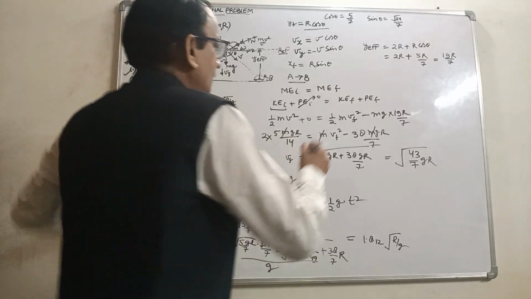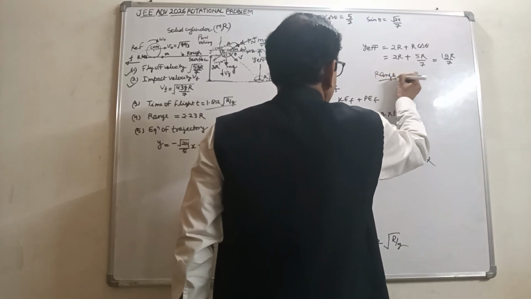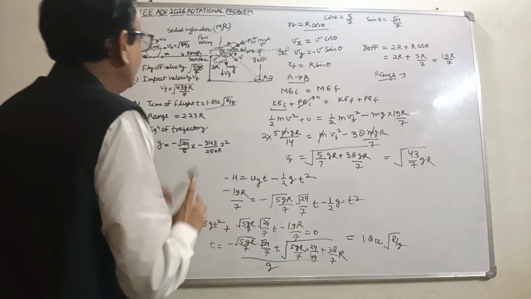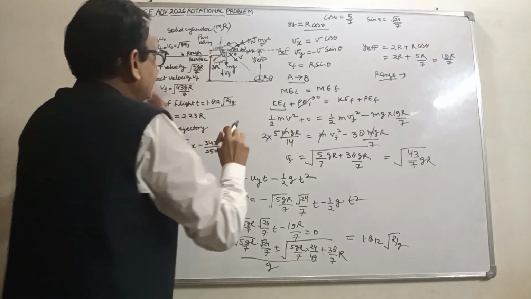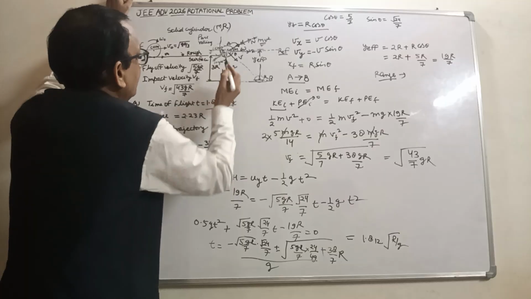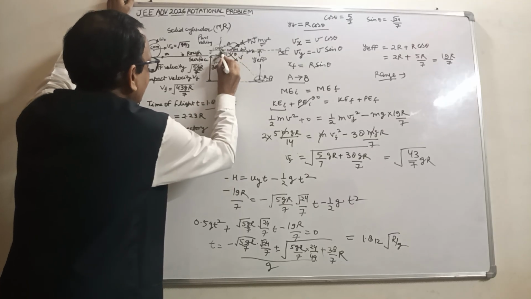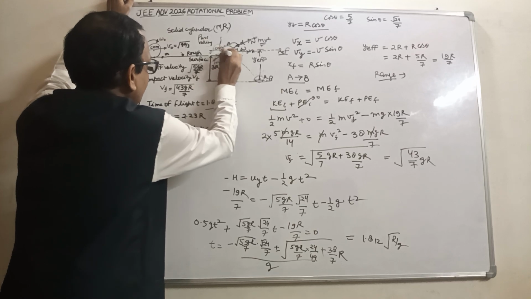Now what is the range? Understand what the range would be. The range is this distance, the horizontal line, and we have to find this.